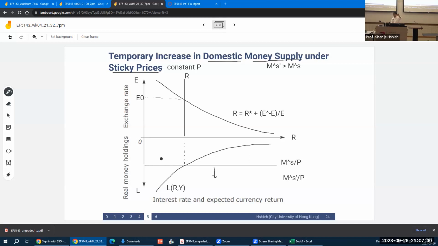It doesn't matter if we're going this way or this way, it just means I'm getting larger. So MS prime over P should give you a downward shift of the supply curve. And we have now a new interest rate equilibrium point, and I'm going to call that R prime. Just based on this graph, assuming UIP holds, then we have a new spot exchange rate E prime.